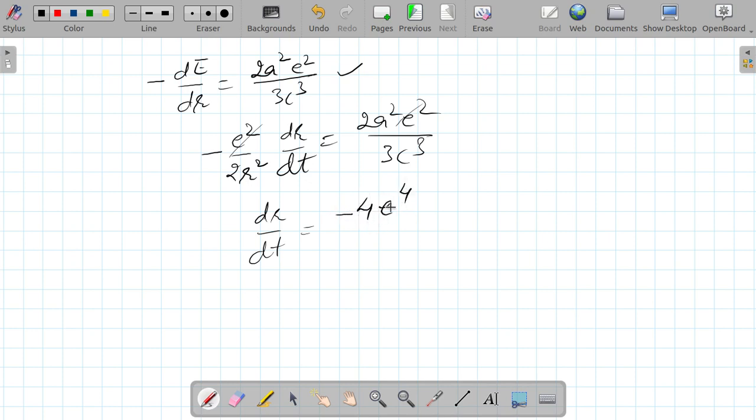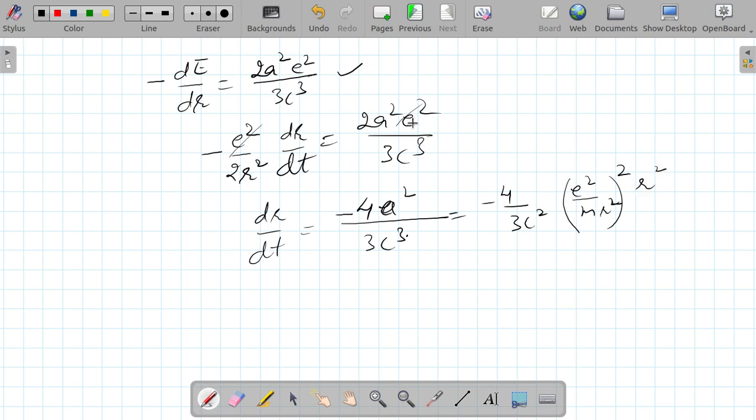minus 4a square over 3c cube. It is equal to minus 4 over 3c cube, and the value of a will be e square over mr square, and r square is again there.